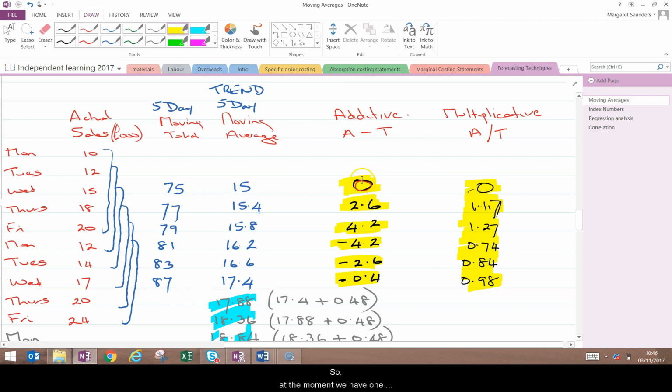So at the moment, we have one seasonal variation for each day, apart from Wednesday, when we have 2 seasonal variations. Where this is the case, and the more data you work with, the more likely it is that you will have several seasonal variations for a time period, you need to average those seasonal variations.